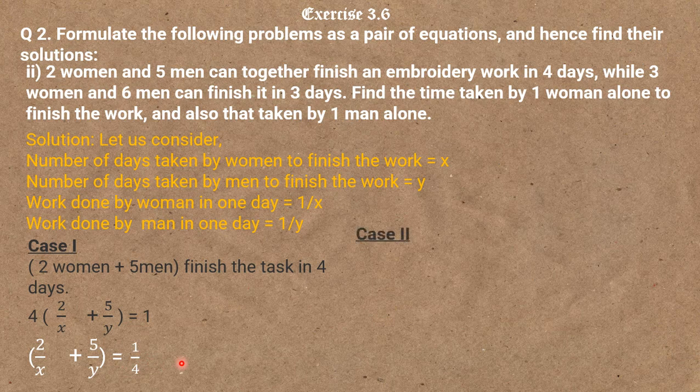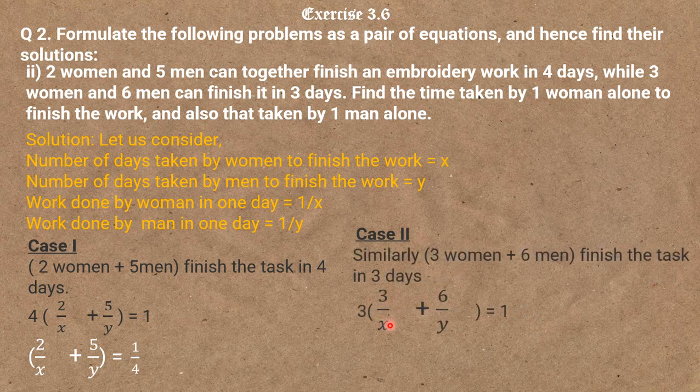In the second case, we are given 3 women and 6 men. The work done by 3 women in 1 day will be 3 upon x. The work done by 6 men in 1 day is 6 upon y. So we get the expression 3 upon x plus 6 upon y, which is the work done by 3 women and 6 men together in 1 day.